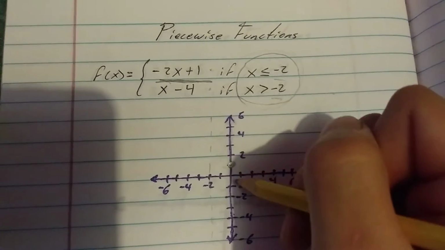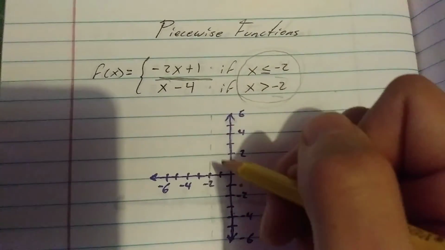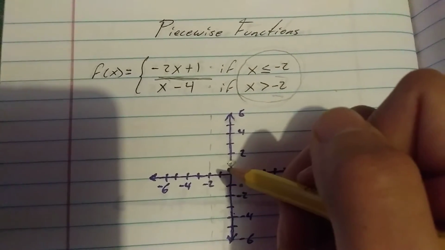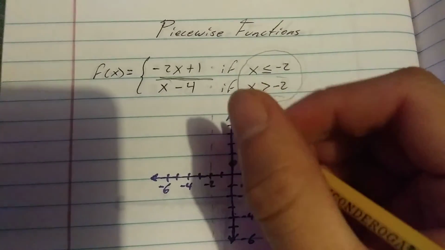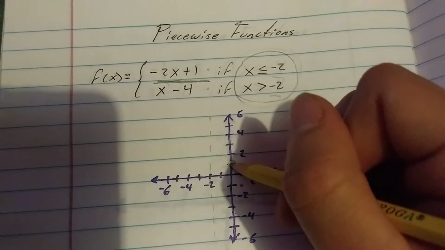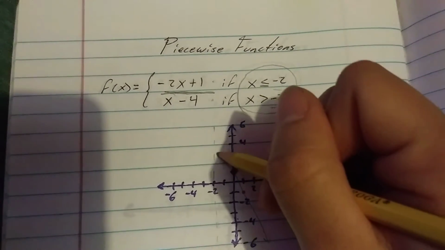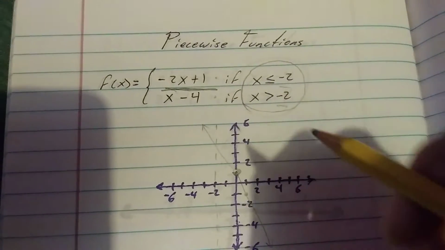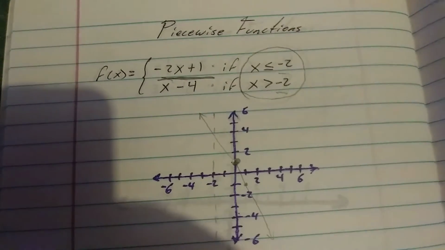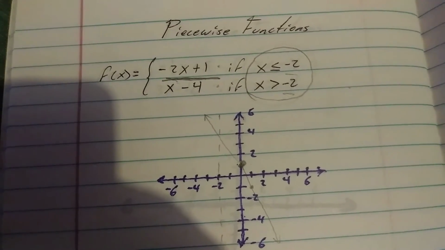So I got my 2 points. Now I'm going to make my line this way, and it also goes over that way. Sorry for not being the straightest line ever, but that's my line.